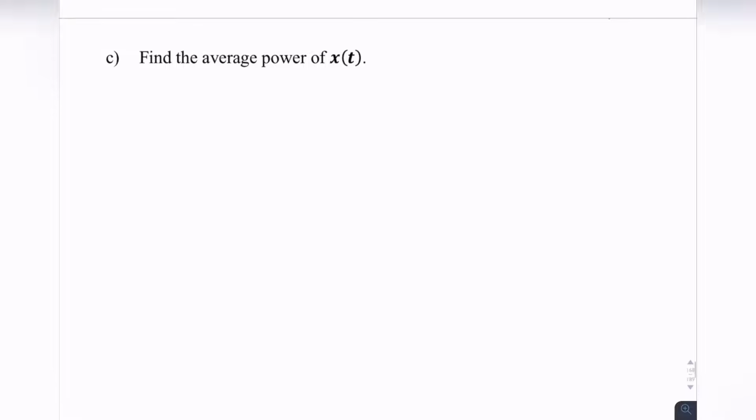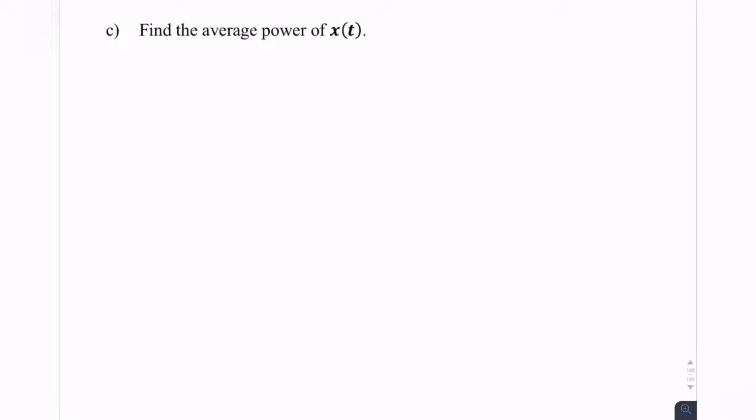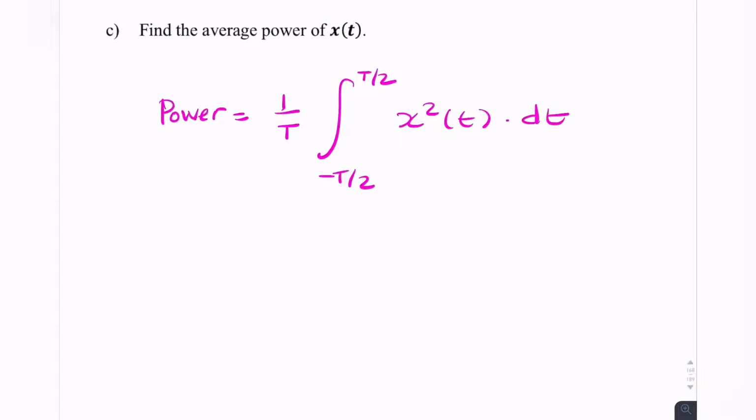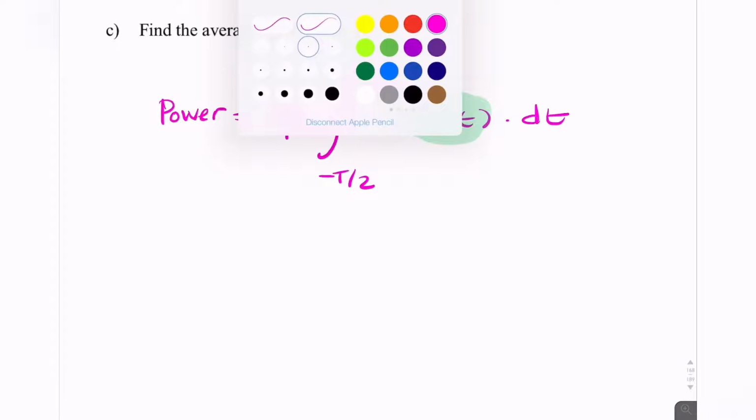The next part says find the average power of x of t. Now x of t is a continuous time signal. It has infinite energy but finite power. So we can find the power by definition. It's 1 over T, the integration over one period, minus T over 2 to T over 2, x squared of t dt. And we've already found x of t.